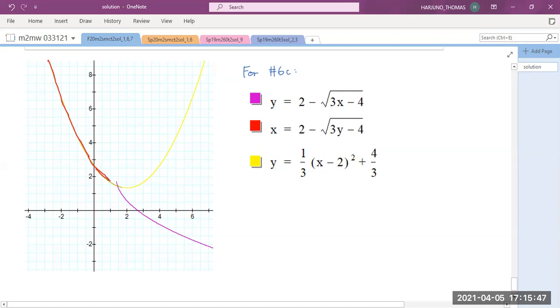Notice that the inverse is supposed to be one-to-one. However, if you don't do the restriction, you end up getting something more than just the inverse function. That's the one you see in yellow. That's what happens if you don't do the restriction.